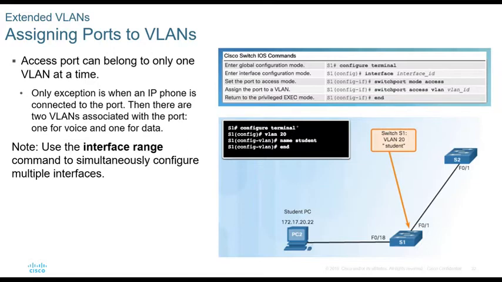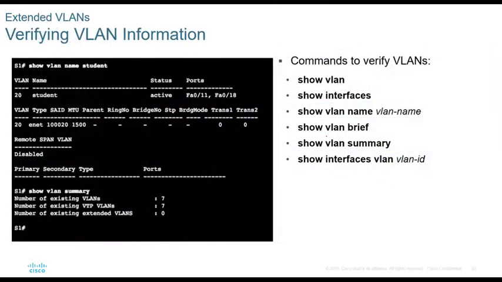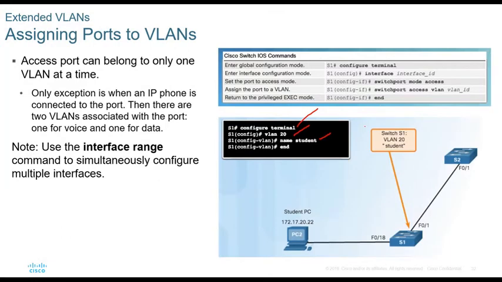Ito yung command natin, global mode. You issue the vlan, VLAN ID, and then the name. And then after that, in order for you to move a port, for example, ililipat natin yung port 18, and port 18 will be part of VLAN 20.